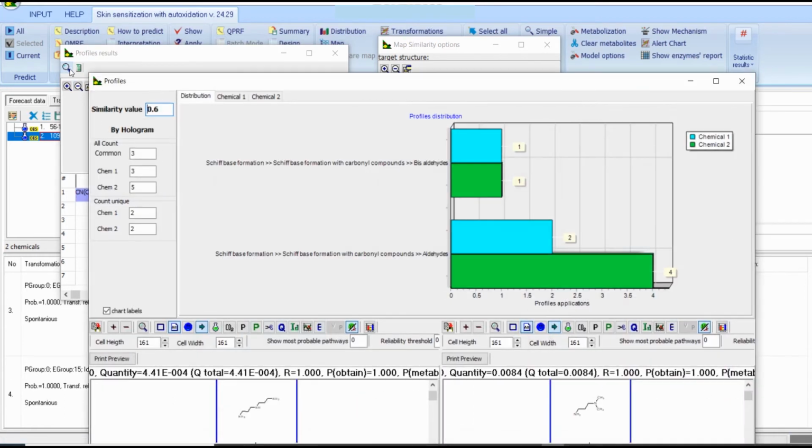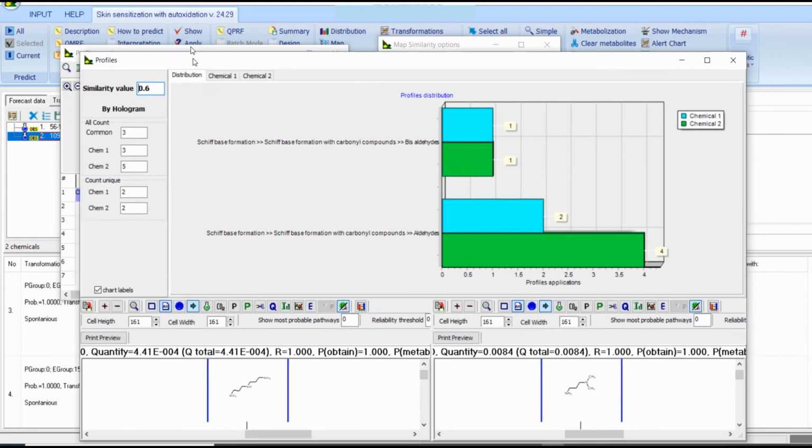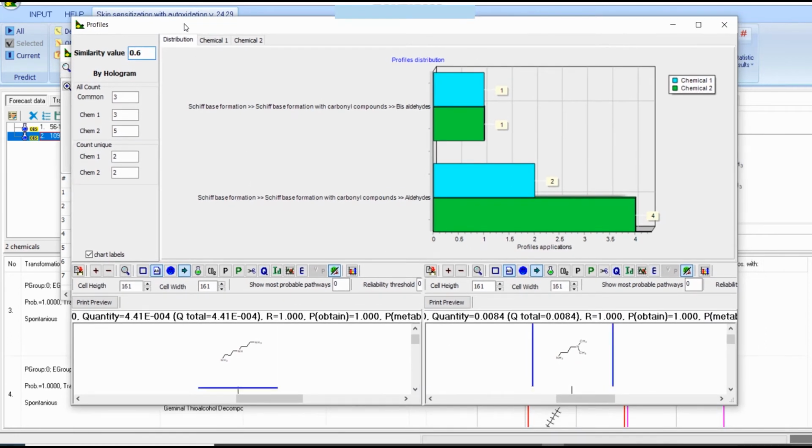Let's see more details. The bar diagram shows that the same protein binding alerts are identified in both chemicals. The difference here is only in the frequency of appearance of these alerts.